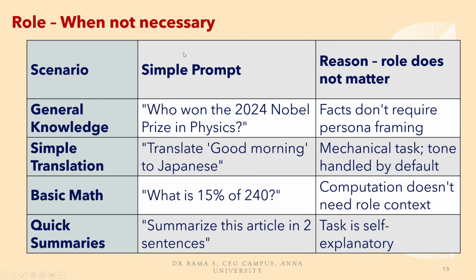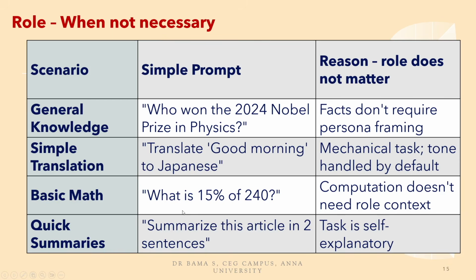And the roles when it is not necessary, here are a few examples. In general knowledge: who won the 2024 Nobel Prize in Physics? Here the role is not necessary. Simple translation: translate good morning to Japanese. This involves only a mechanical task. A basic math: what is 15% of 240? This does not include any role.